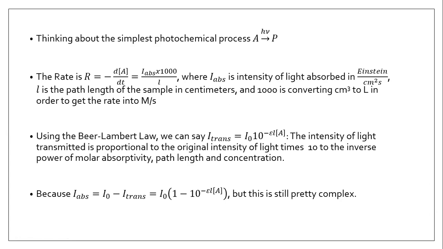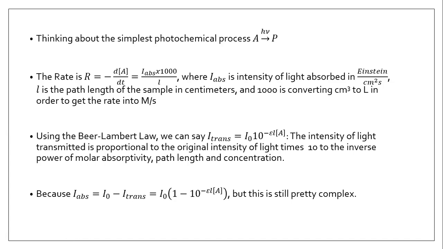Now thinking of the simplest photochemical process, where we shine light on A and it goes to products, our rate would be the change in A with time. We're going to look at the initial absorption times 1,000 divided by L. So the intensity of light absorbed, in Einstein per centimeter squared per second, times that.